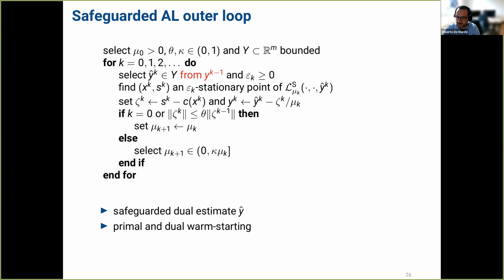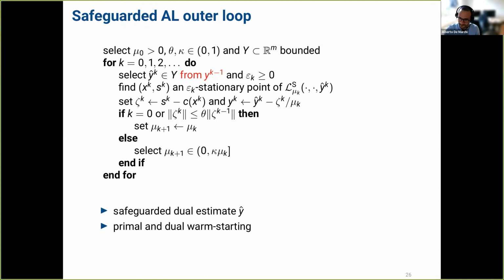Okay, and then we solve this subproblem. We evaluate this infeasibility, zeta k, and then we compute this y k, that is our dual estimate. This is just a standard first order dual update.